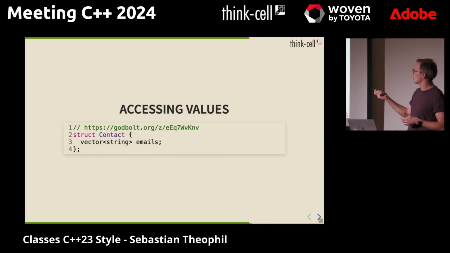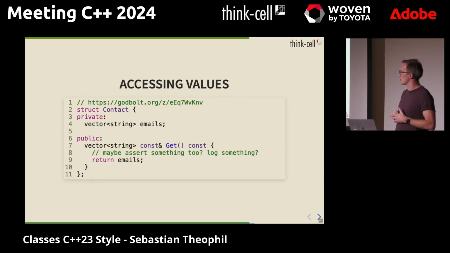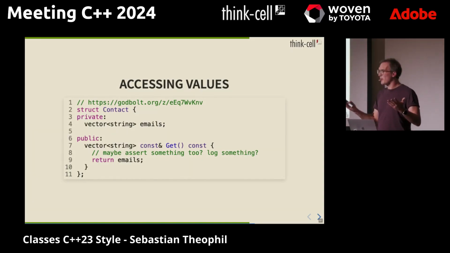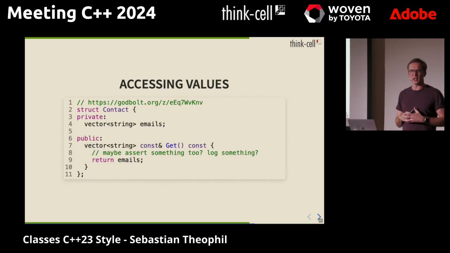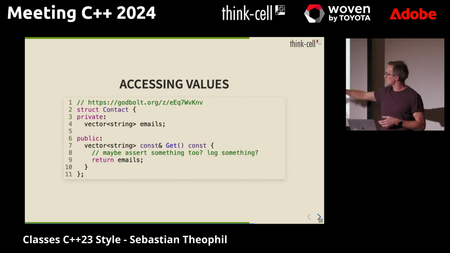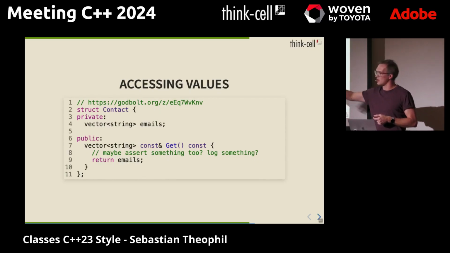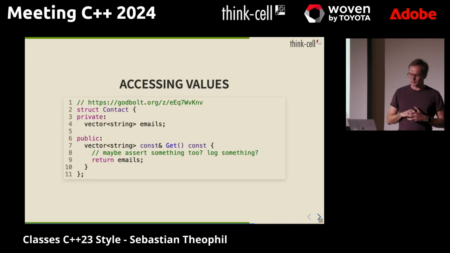Very often you want to hide the actual member and you want to write some accessor. Maybe you also want to assert something, etc. So in the past, this is probably what I would have written in 99% of the cases, right? It would be a const function that returns a const reference to my member, and that would be all.